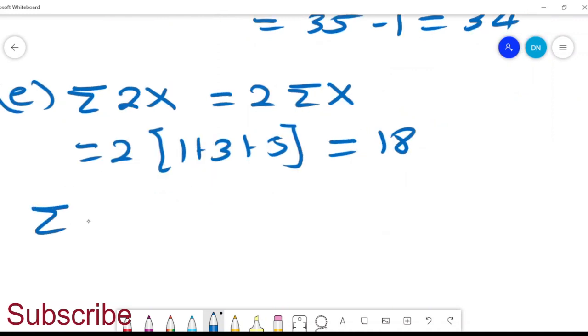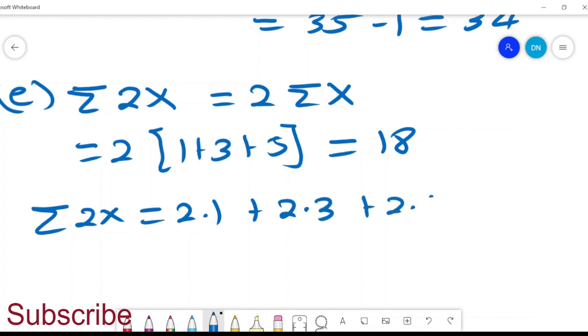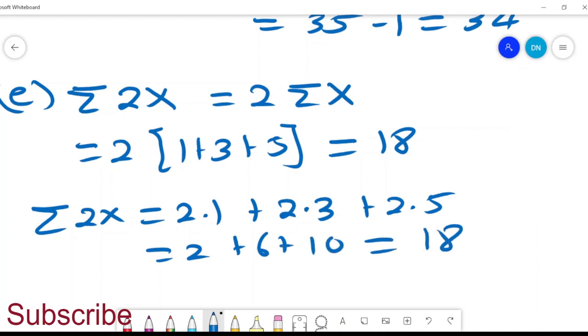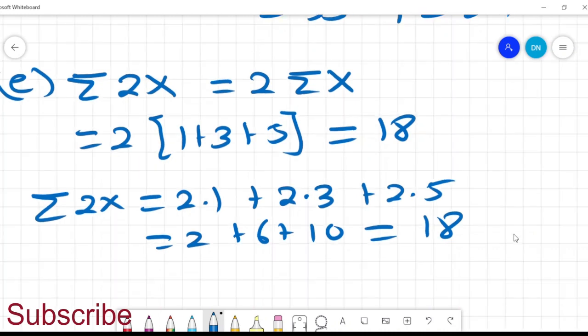I could have also done the same: I multiply 2 with 1, and then 2 with 3, and then 2 with 5. So it will be 2 plus 6 plus 10. It will still give me the same answer. Why is it the same answer? Because 2 is a constant, and therefore nothing much changes when I put it outside or multiply with it directly.